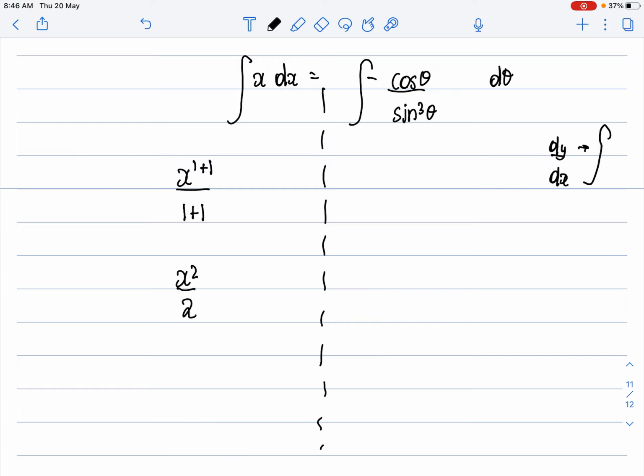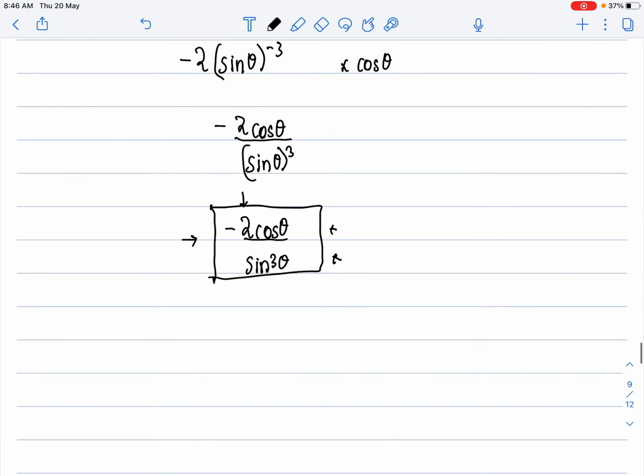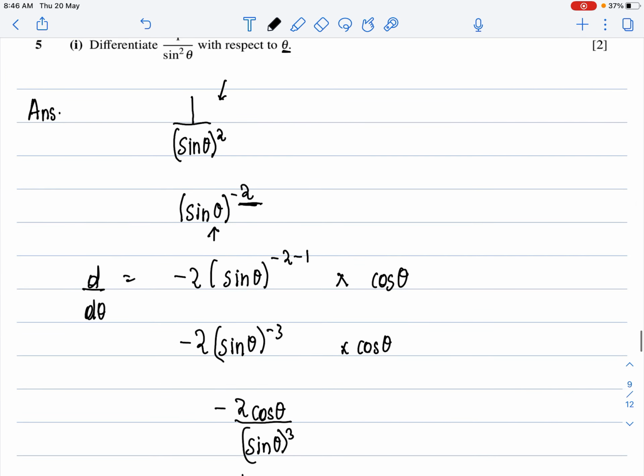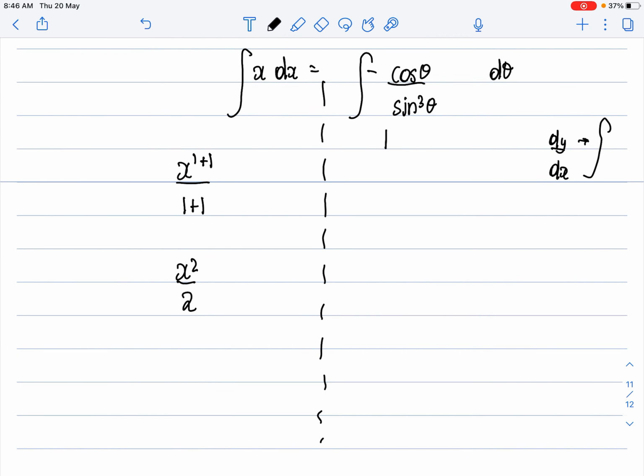In part A we differentiated. So now if I integrate this, I'll get 1 over sine square theta, but there will be a 2, so I'll get 1 over 2 sine square theta, because integration and differentiation work in reverse mechanisms.